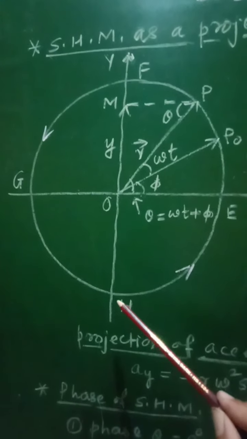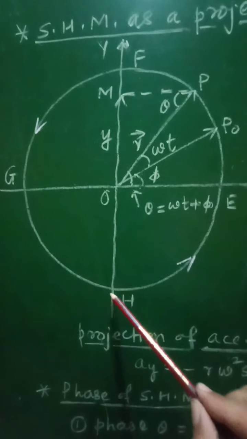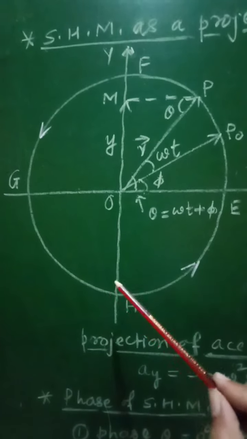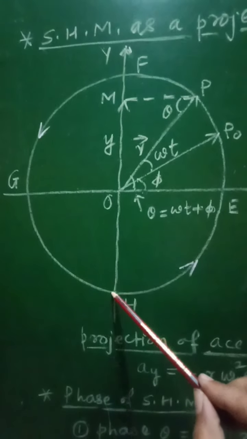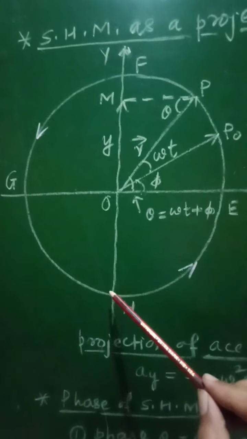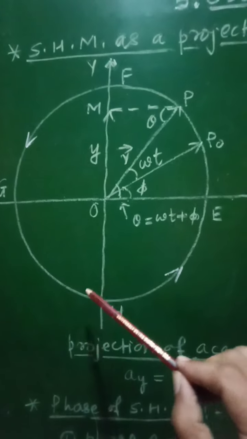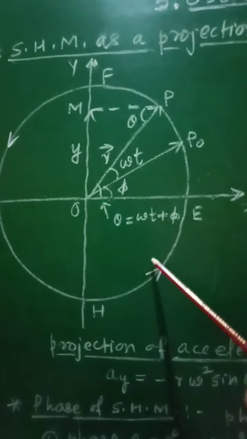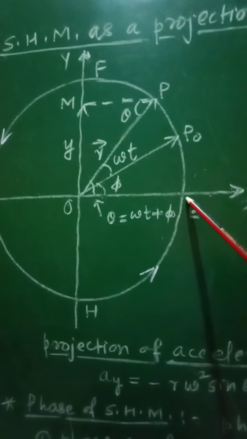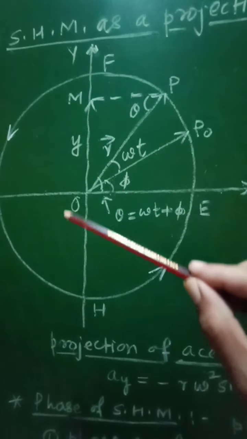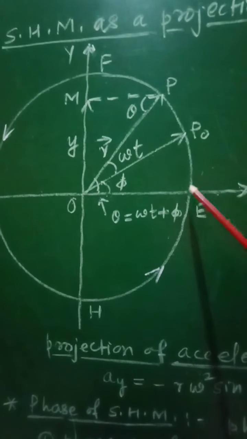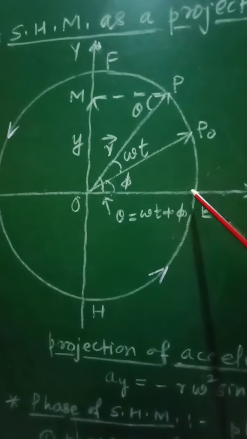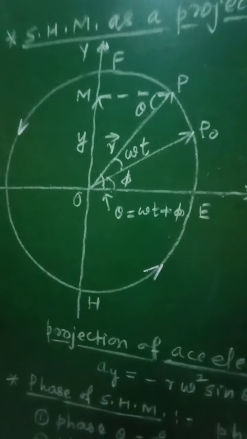Similarly, when that particle is at point H, at that time theta will be equal to 270 degree or 3 pi by 2 radian. Again, when that particle comes back to position E after completing one oscillation, at that time theta will be equal to 360 degree or 2 pi radian.